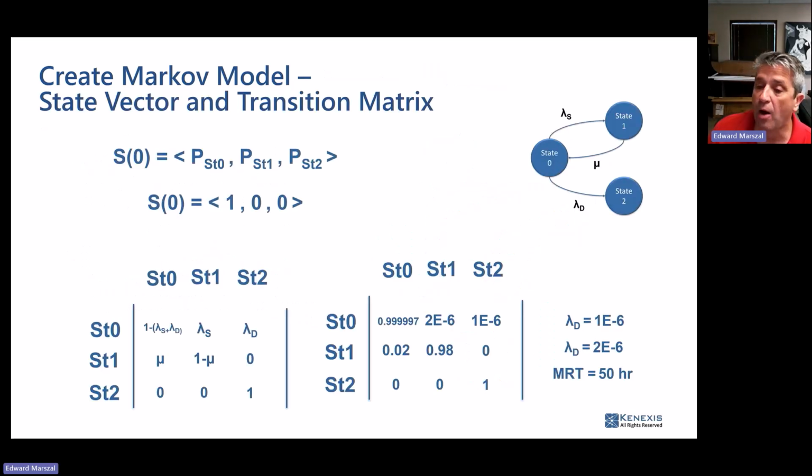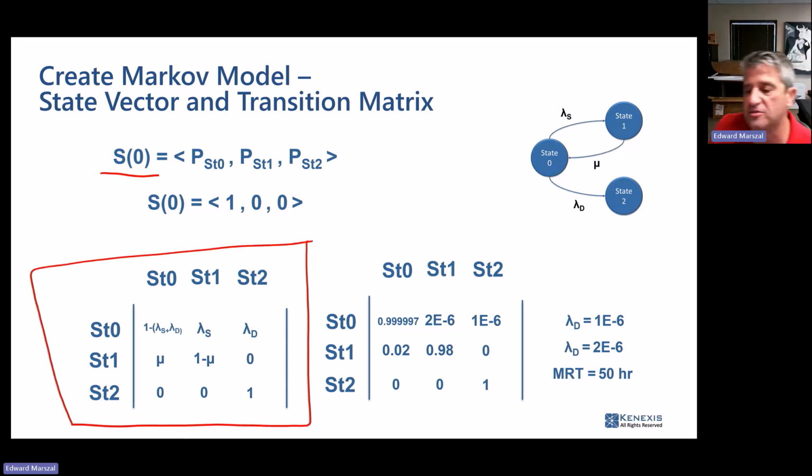So now we go and we do our numbers. To start off the process, before we do any matrix multiplications, we need to define our state vector at time 0, and we need to define our transition matrix. First, let's do it symbolically before we put numbers in.